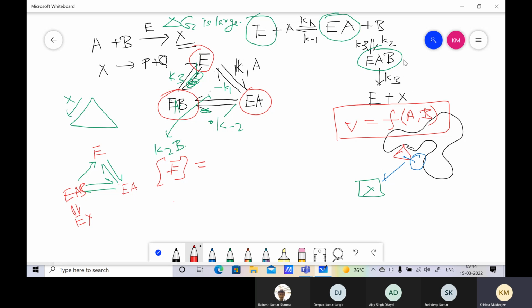EAB to E plus X. Because remember, as far as I am concerned, EAB and EX, both of these are together. So it's E plus X. So I have just conflated the two. So E will be one will be this.